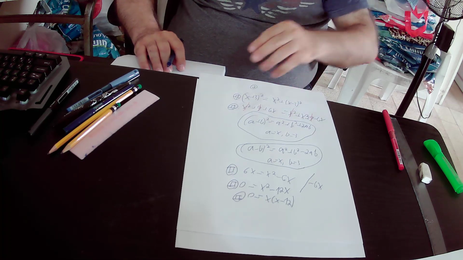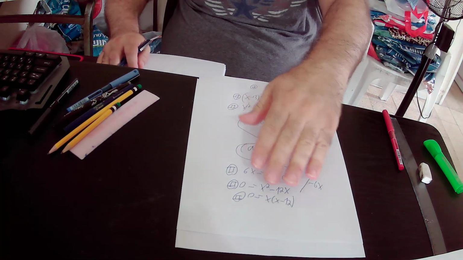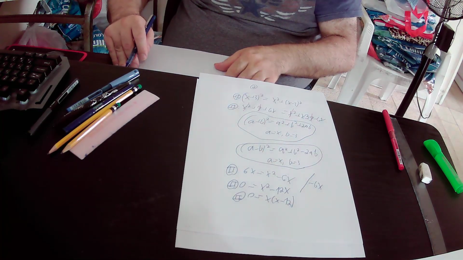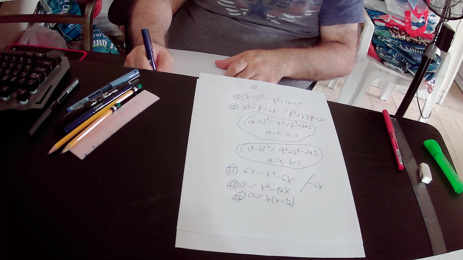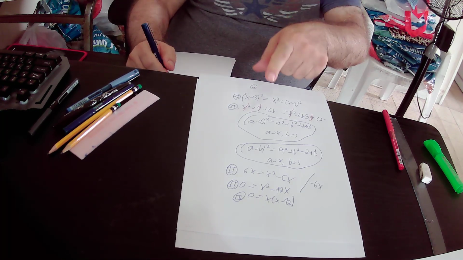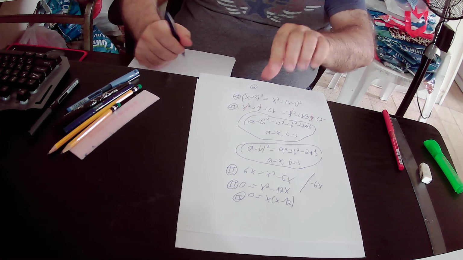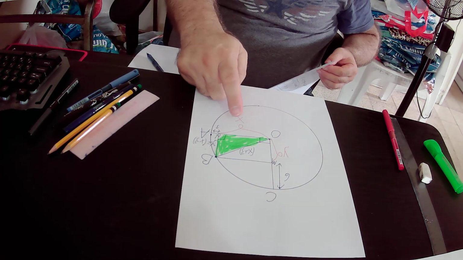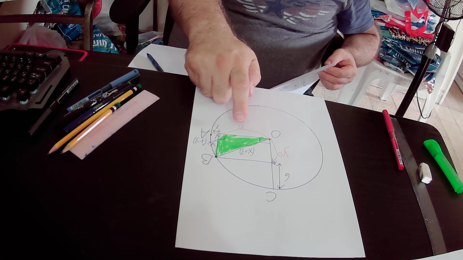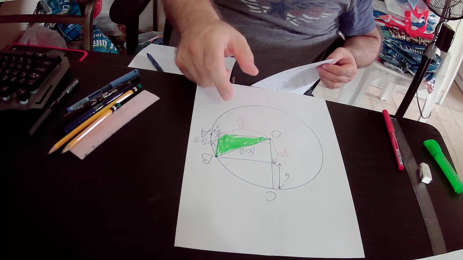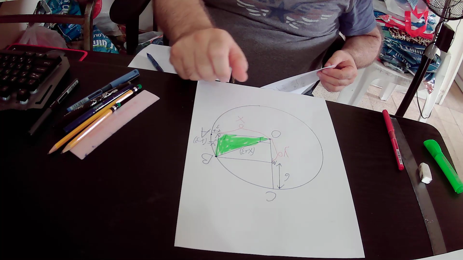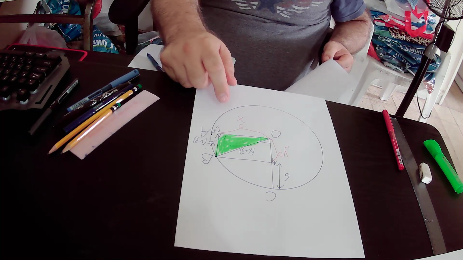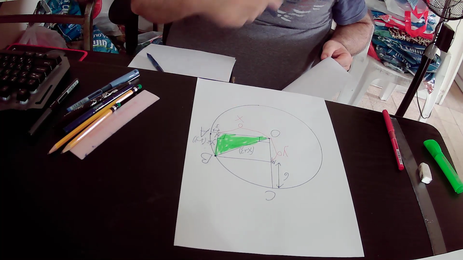Actually, we have two solutions to this equation. The first solution is that x equals 0, but that is impossible because x is the side of the triangle and also the side of the rectangle, so it can never be 0; it must be a positive number.